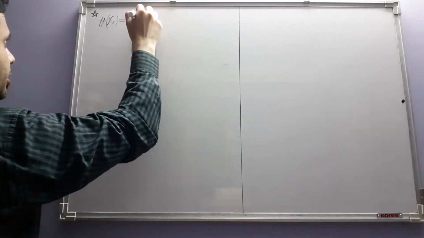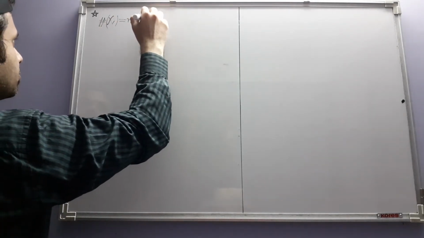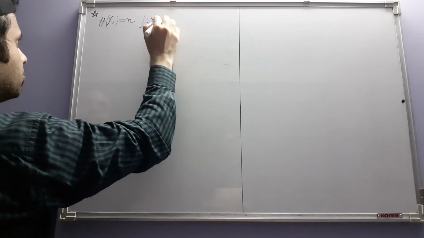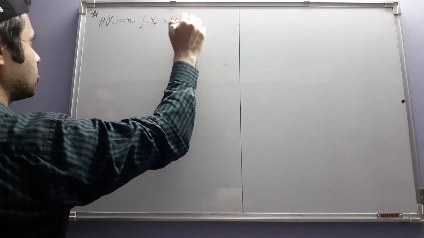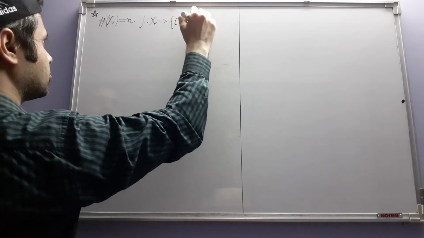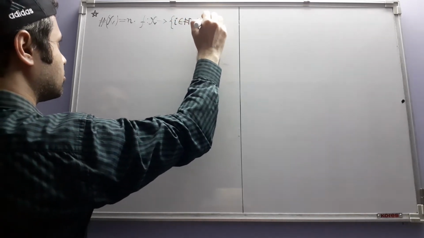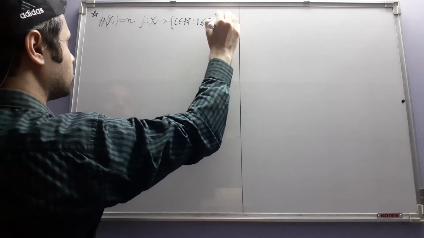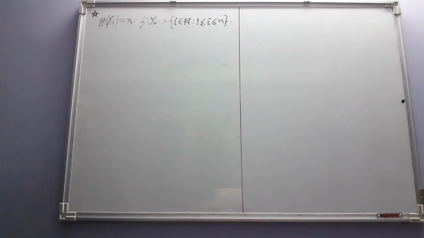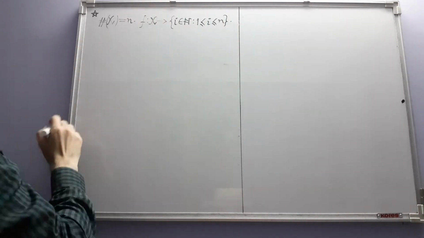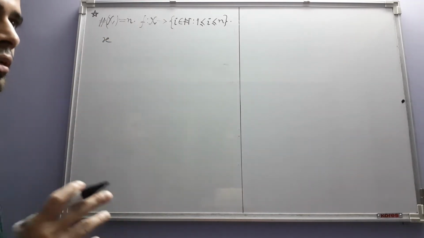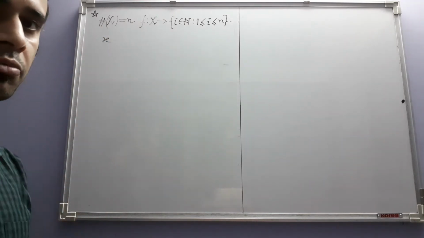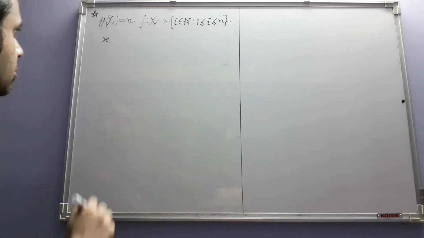So there is a bijection f from x to this set. And we had to prove that x is non-empty. That was the first job which we have done.